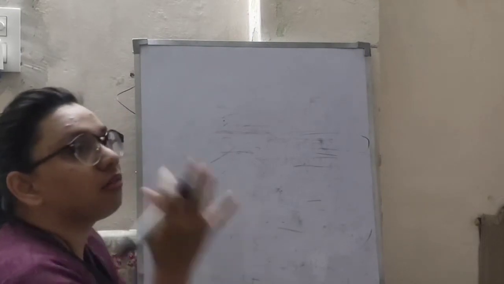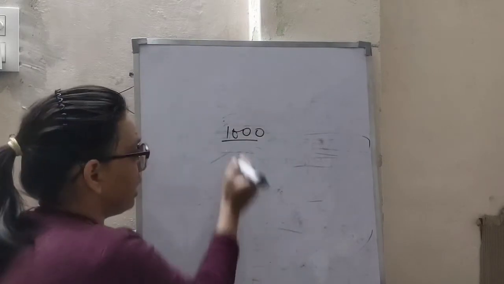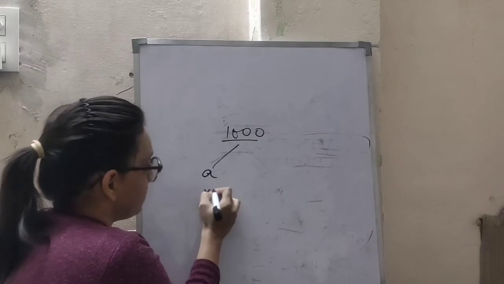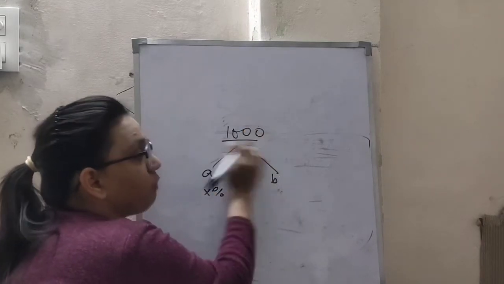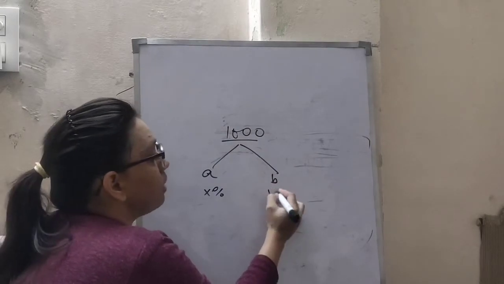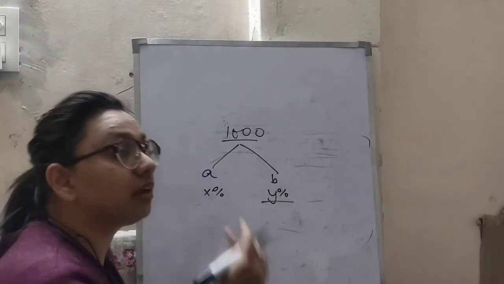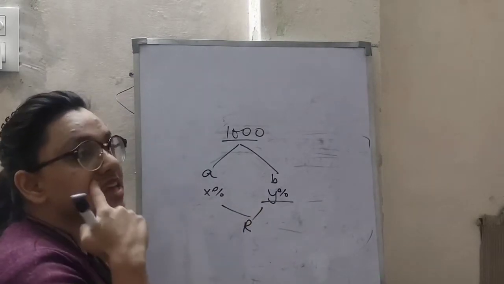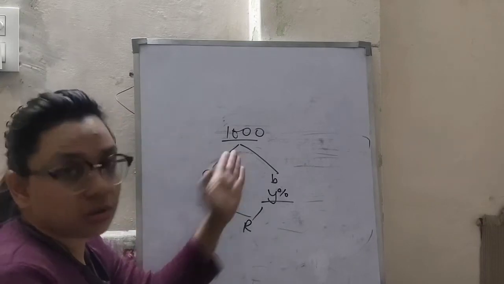When you are given a total quantity of like 1000 and you are asked that if part A of this quantity is sold at x percentage of profit, and then part B of this quantity is sold at y percentage, then the question says you are given a total profit of R and asks what is the cost price of this quantity.